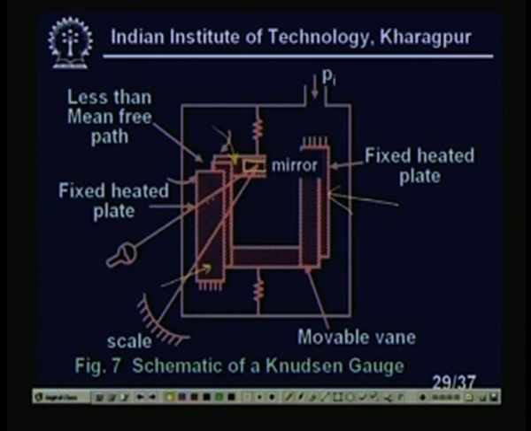A light spot falls on the mirror, gets reflected and falls on a scale. This scale is calibrated in terms of pressure. Now, what will happen is, there are two heated plates, and in between these heated plates there is a movable plate inside.